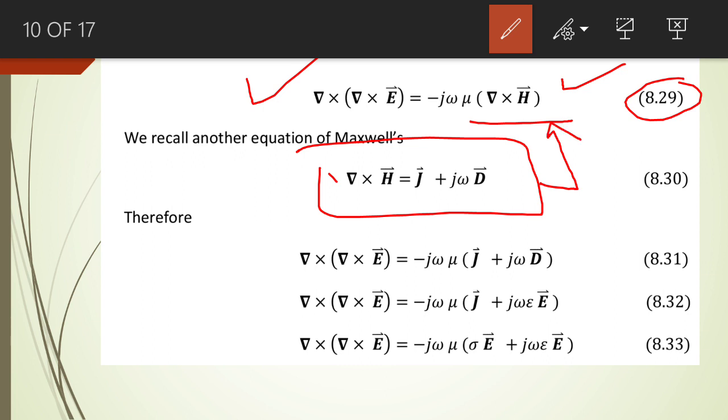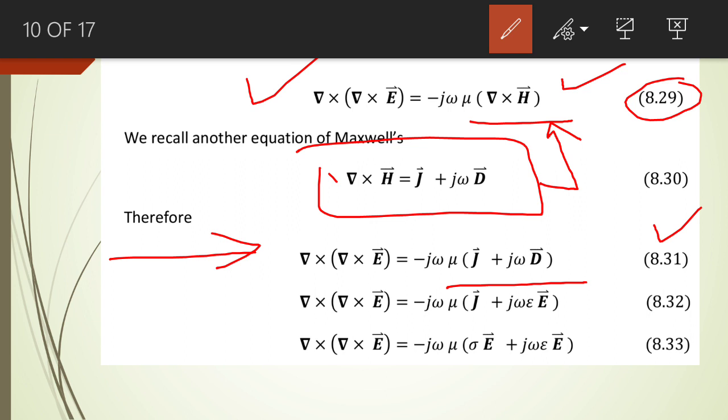So if we put this value in equation number 8.29, we get equation number 8.31. So the curl of the electric field intensity is equal to minus j omega mu, and this is the value of del cross H. So del cross H is equal to J plus j omega D. So we obtain equation number 8.31.